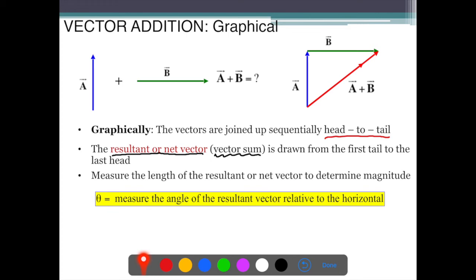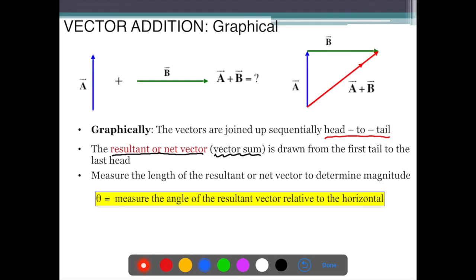In the graphical method, you need to draw your vectors to scale, so that vector A has the correct length and vector B also has the correct length. Then, when you join vectors A and B, going from the tail of vector A to the head of vector B, all you have to do is measure the length of this resultant vector.